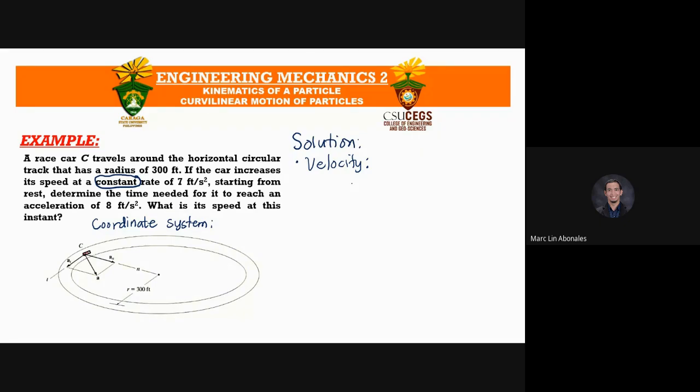So we do have s is equal to s0 plus v0t plus 1/2 a_c t squared, that is the constant tangential acceleration. The second one is v is equal to v0 plus a_c t.